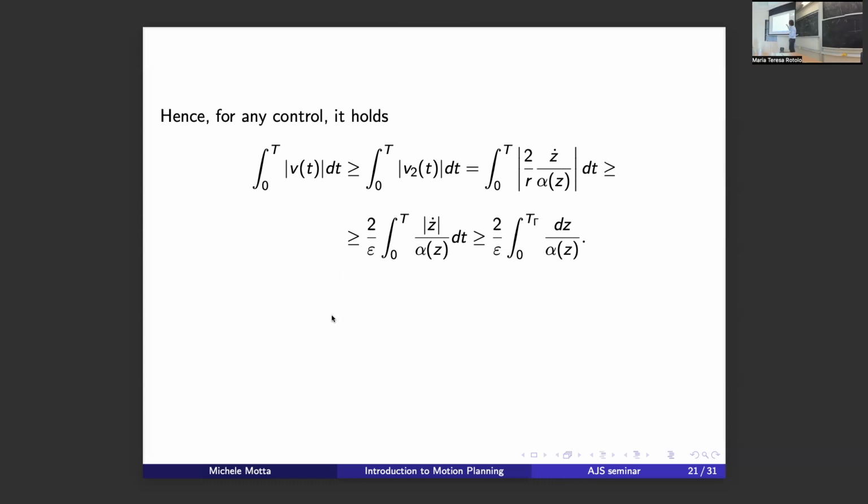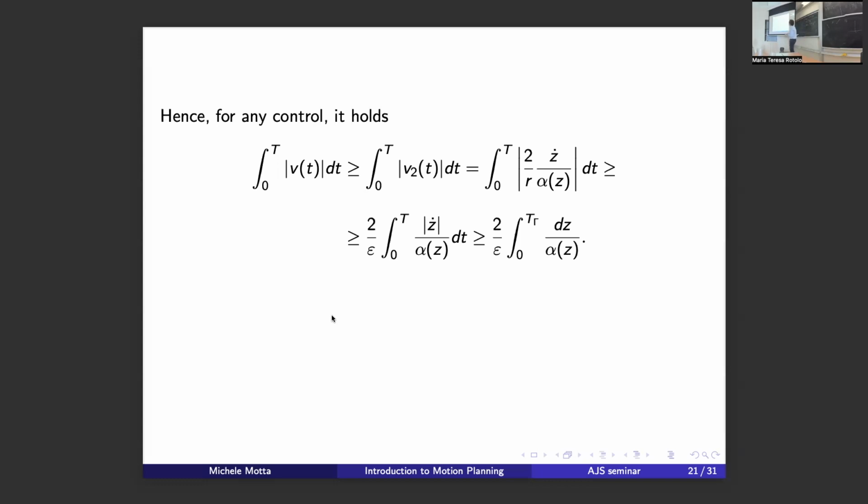Okay, so here you use that we are inside the tubular neighborhood, so R is smaller than epsilon. And then here, you end up here. But now you can notice that Z dot must be always positive because you want to go up, and if you go up and down, you're not minimizing the function because the curve that you obtain is longer.